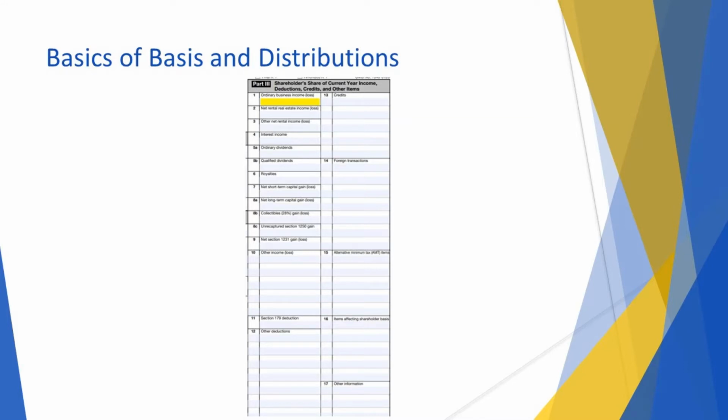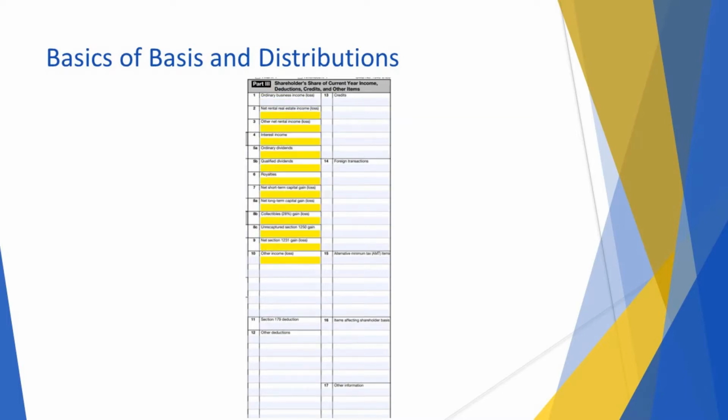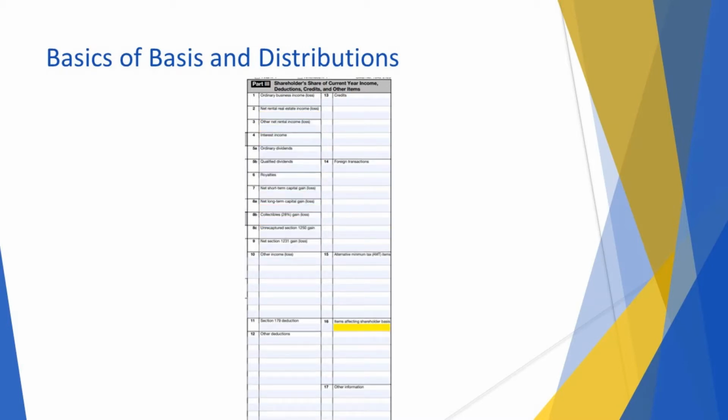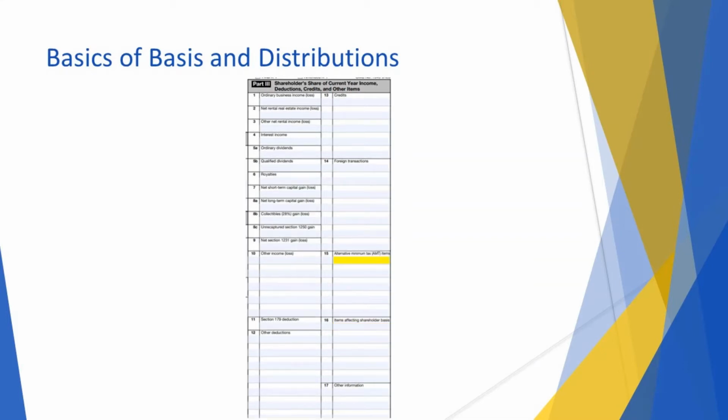Looking at a K1, basis is increased by ordinary income in box 1, separately stated items in boxes 2 through 10, tax-exempt income in boxes 16A and 16B, and excess depletion in box 15C.